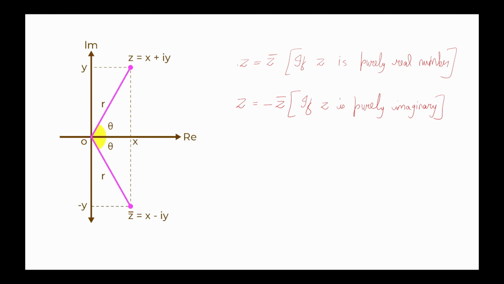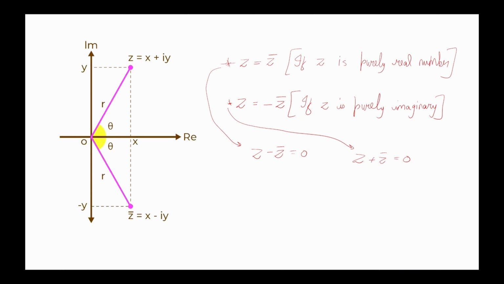If these two equations now, let's say, I was to represent them in a standard format, then what I can write about this equation is z minus z bar would be equal to 0. And for this equation, I can write z plus z bar would be equal to 0. So keep this thing in mind.